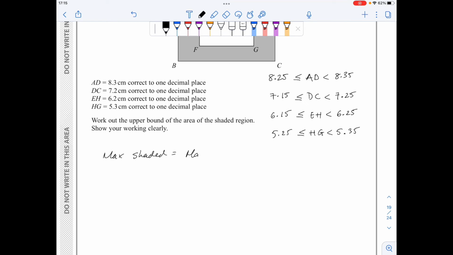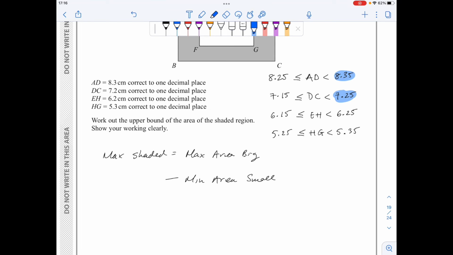Now I need the upper bound of the area of the shaded region, so the maximum shaded area is given by the maximum of the area of the big rectangle minus the minimum area of the small rectangle. Now, to get the maximum area of the big rectangle, I will need the biggest of the length and the width of this rectangle.